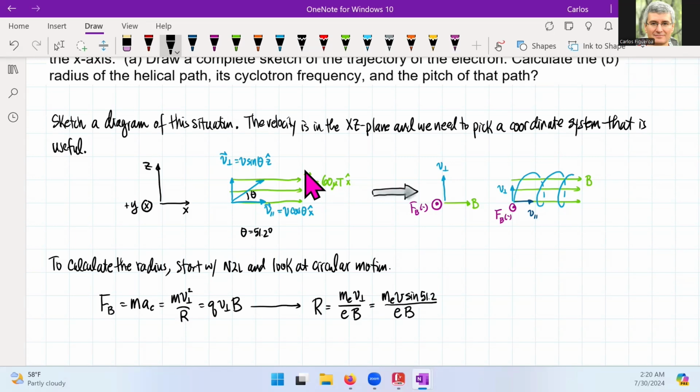So there's a lot of values. You're going to have to look up the mass of the electron. The mass of the electron is 9.11 times 10 to the minus 31 kilograms. We already know what the charge of the electron is, which is 1.60 times 10 to the minus 19 coulombs.